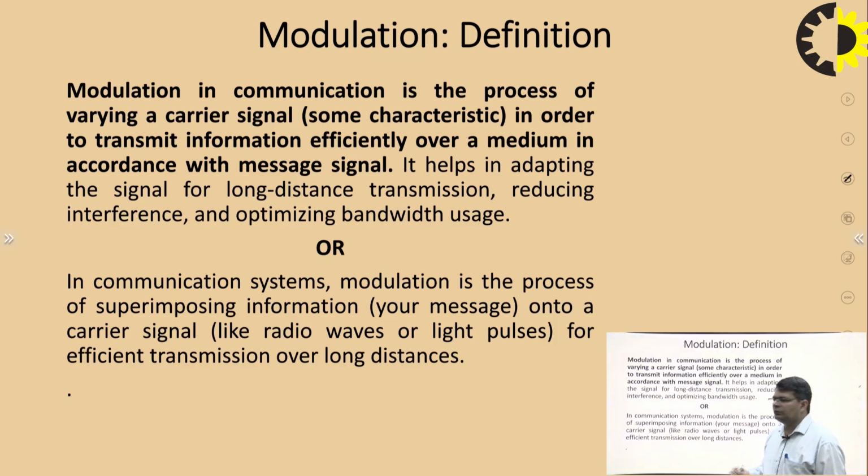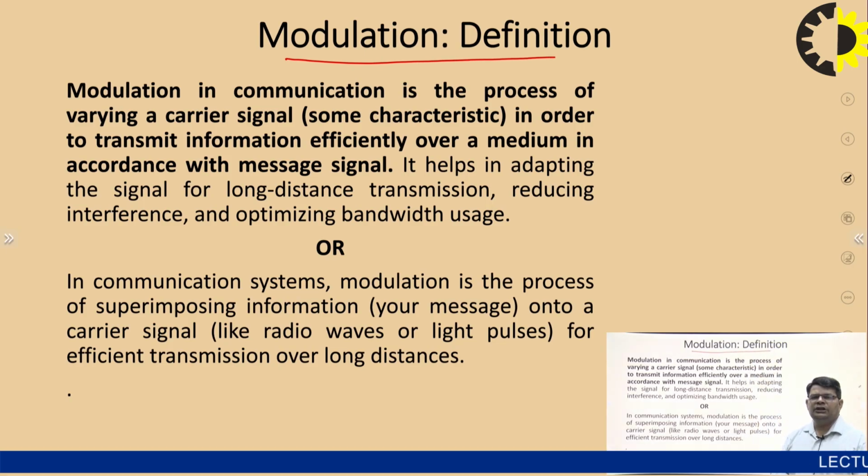Now next is the most important process, modulation. As we have discussed in the previous slide in the communication block diagram, on the transmitter side the most important process is modulation.